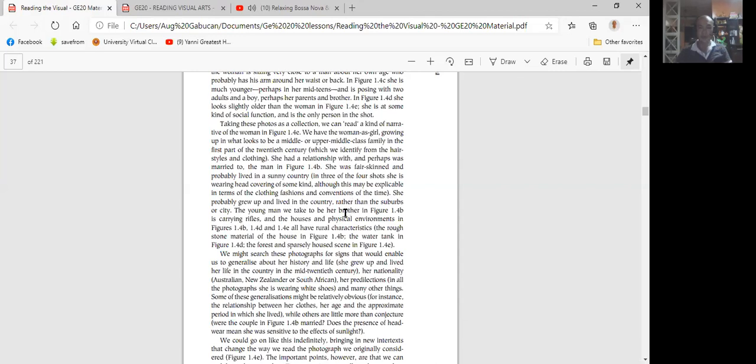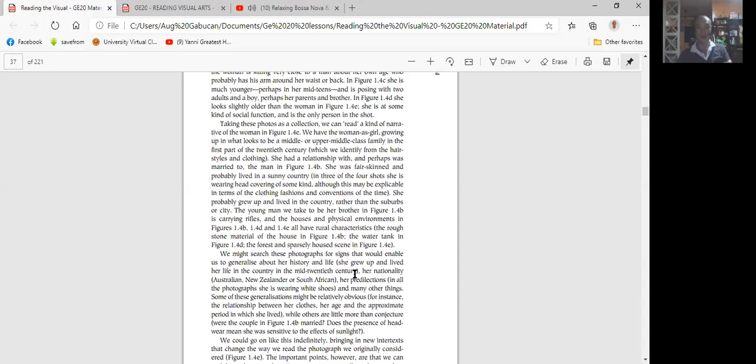She probably grew up and lived in the country rather than in the suburbs or a city, so you can presume because of the background in the picture. There are not many buildings around. The young man we take to be her brother, in figure 1-4, is carrying rifles in the house. And the physical environments all have rural characteristics, like the rough stone material of the house, the water tank in the figure, the forest, the sparsely housed scene, etc. So we might search these photographs for signs that would enable us to generalize about her history and life.